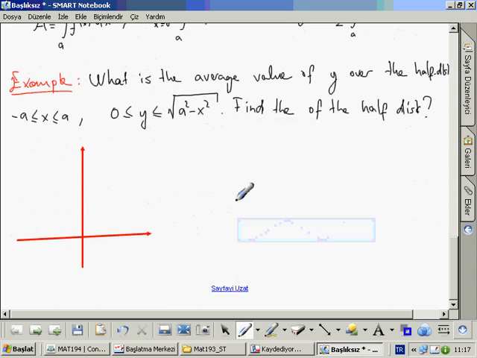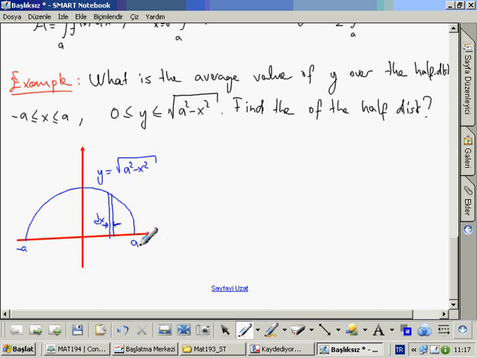and this is plus a, minus a, and y equals square root of a square minus x square, okay, and this portion of the half disk will be del x, at any x value.